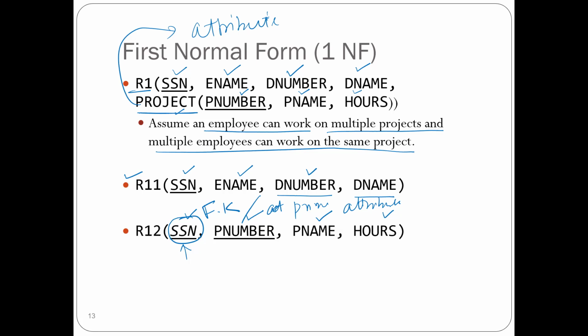Because for R12 the primary key has two attribute types, SSN as well as P number. So for R12 SSN as well as P number are the prime attributes, but only SSN is the foreign key here. And you can see this from the way we have written SSN, italicized. It's the slanted or the italicized notation.